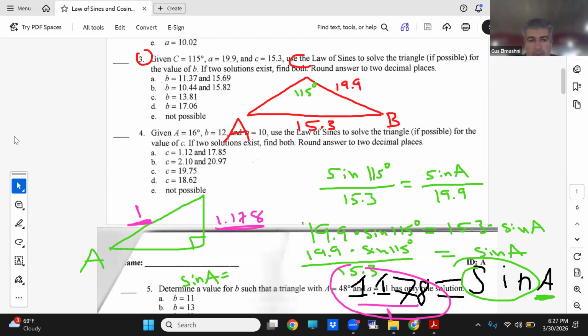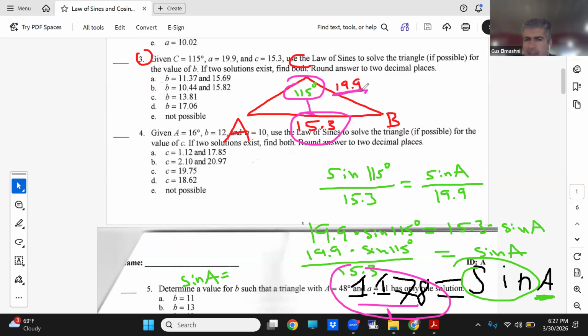Also, here's another reason why too. You have 115 degrees for that, right? Look at the side opposite of it, 15.3. That's less than 19.9. We know 115 is going to be the largest angle, right? Because you only have 180 degrees for a triangle. So 115 is guaranteed the largest angle.